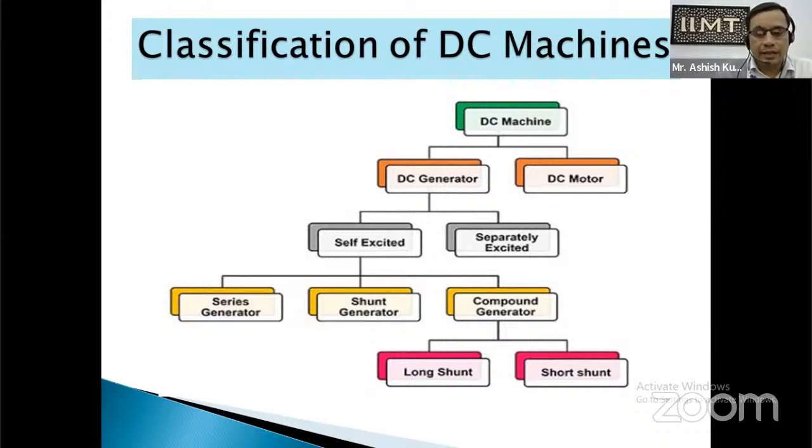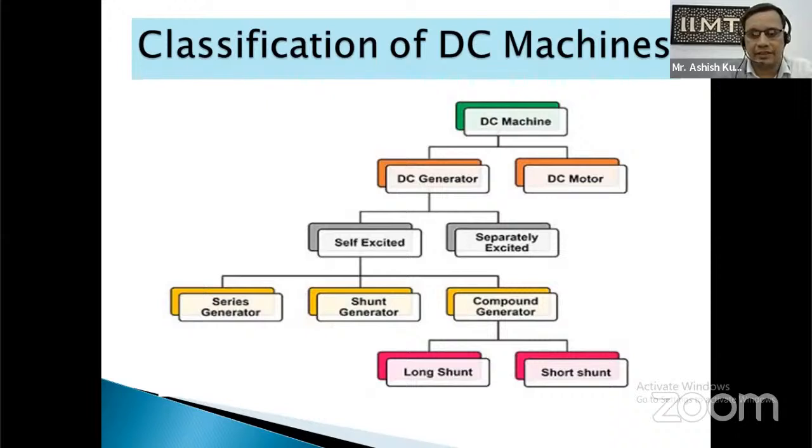If the field winding is connected parallel to the armature circuit, it is known as a shunt generator. In a compound generator, series and shunt field windings both are placed with the armature circuit.